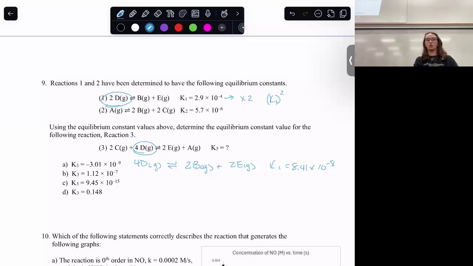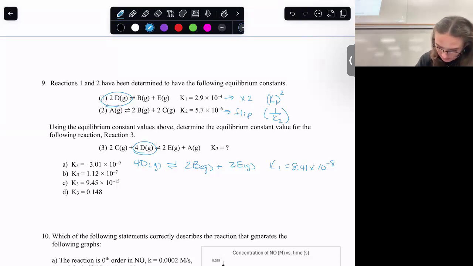No, what do we need to do for 2? Yep, we need to flip this. So what does that mean for K2? That takes the inverse or the reciprocal, so this is 1 over K2.